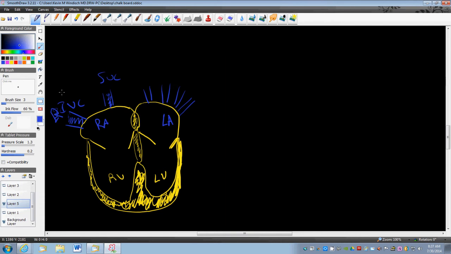Now, coming out of the ventricles, you have your arteries. So we're going to go with the convention of arteries are red. Let's make sure we get the directions right.